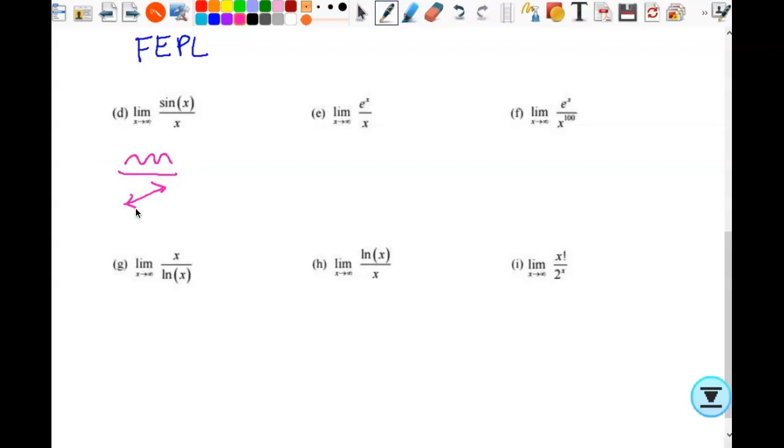It's technically a polynomial, like x to the first. So the denominator is going to get really, really big while the sine is kind of bouncing around, and that means we are approaching 0. Okay? We good with that?